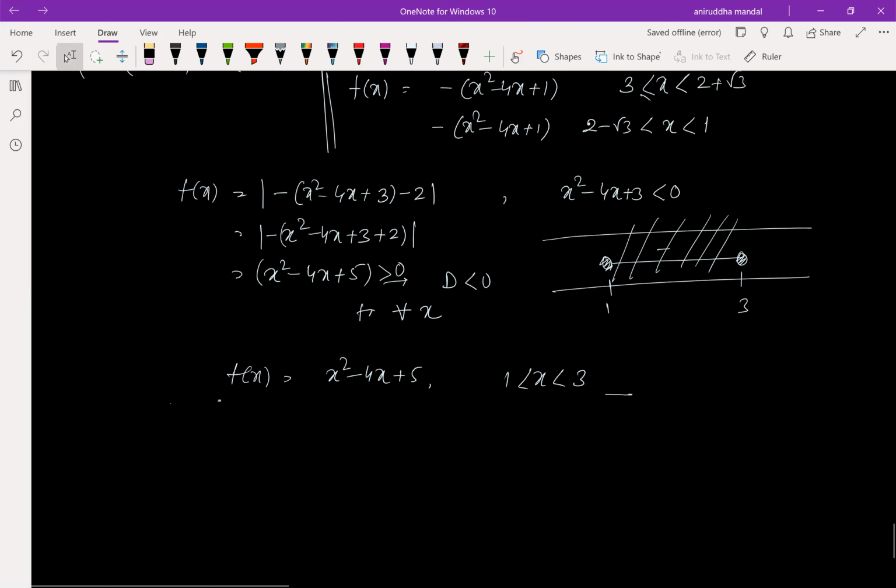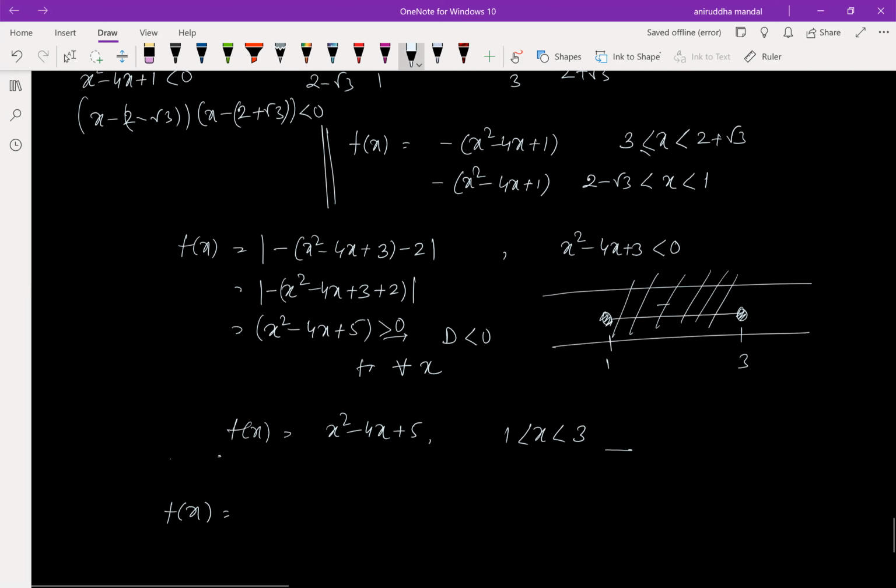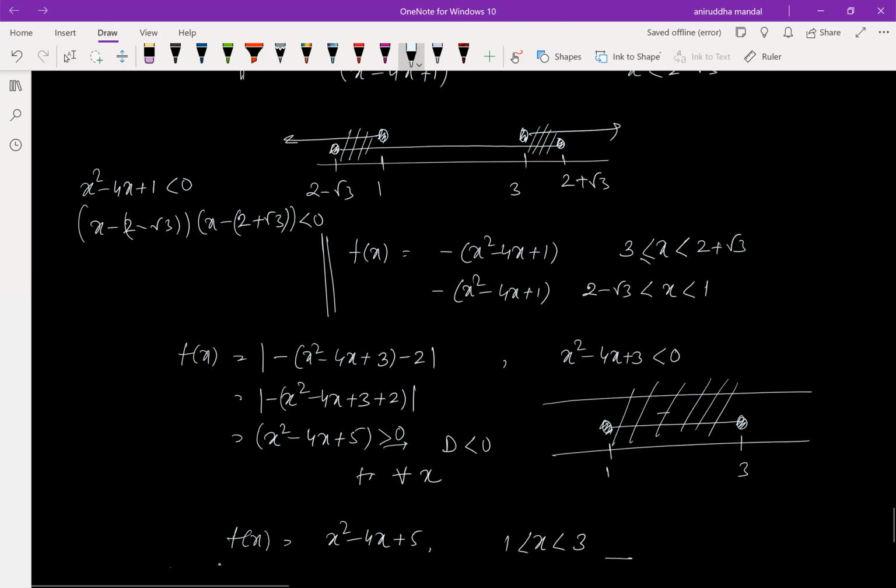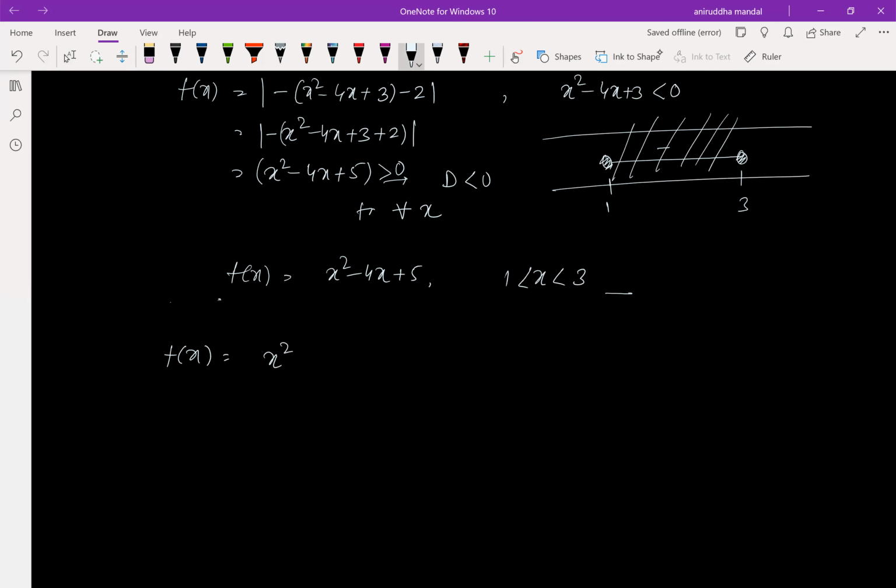So let me write all the functions. So f(x) is positive. So positive means this x square minus 4x plus 1 when x is more than 2 plus root 3.